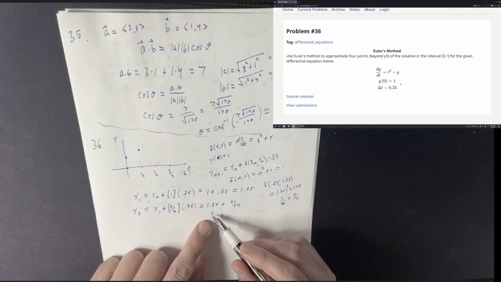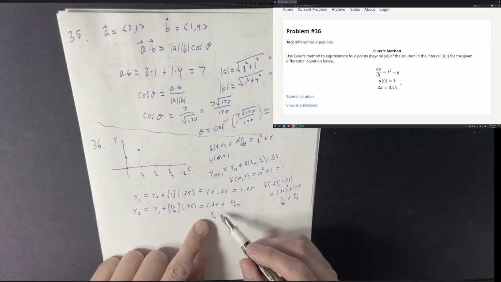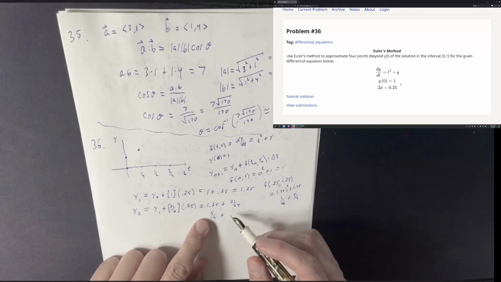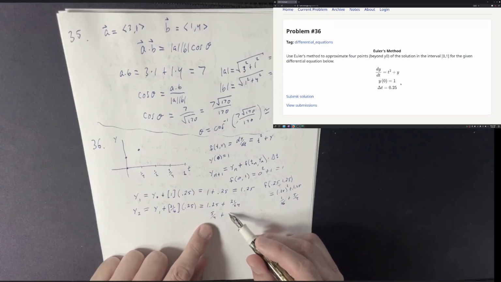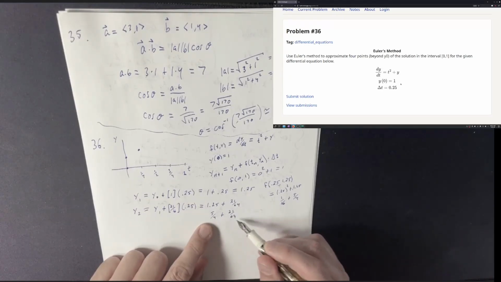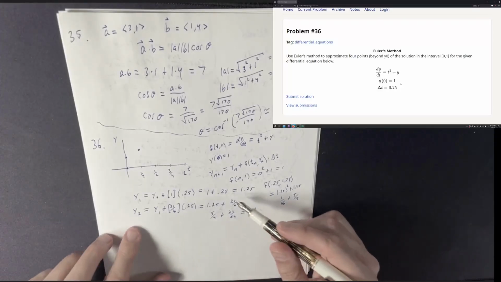So this times 16 is like 80, I want to say. 5 times 16 is 80. So 80 over 64 plus 21 over 64. 101 over 64 is what I'm getting for y2.